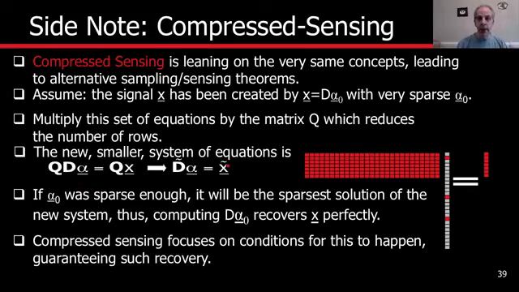So compressed sensing provides a lot of very nice mathematical theory and conditions under which we can do the recovery. If we can recover alpha from the sensed X tilde, then we will be able to recover the original signal X by doing D alpha.